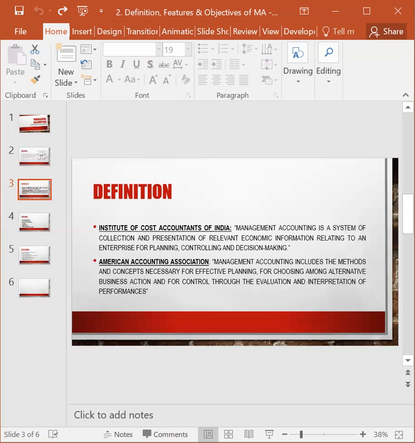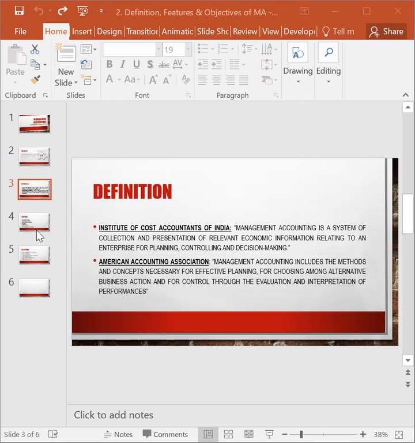So you should understand here, management accounting helps the management in decision making. If you want to have effective management, you need to have an accounting called management accounting. According to N.K. Bose, management accounting is accounting for effective management. All right. So this is what management accounting is and its definition.